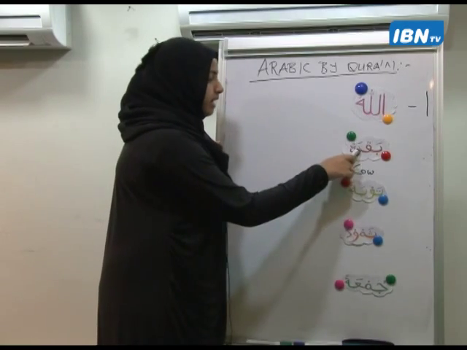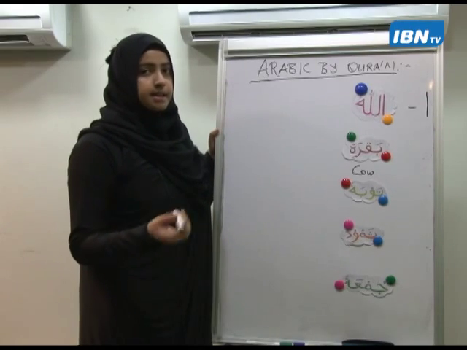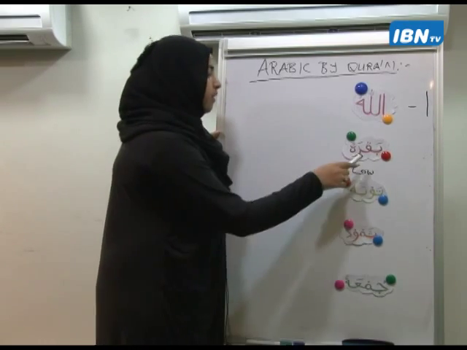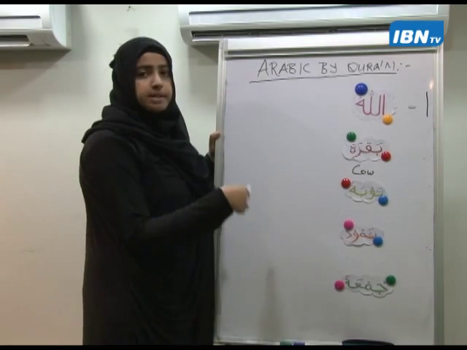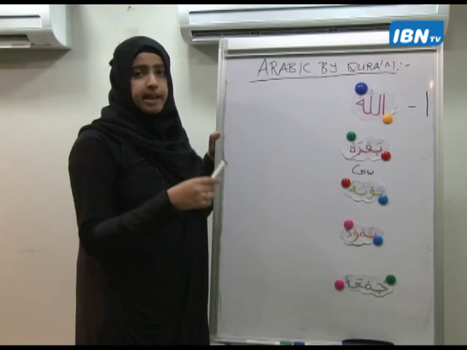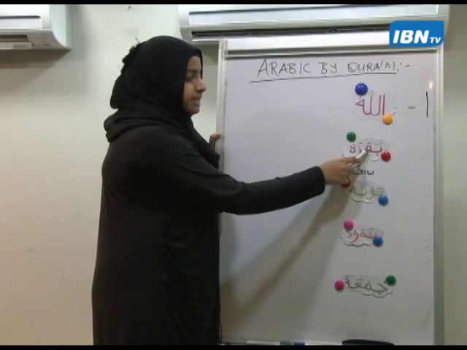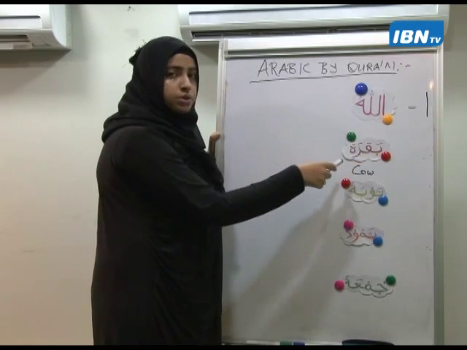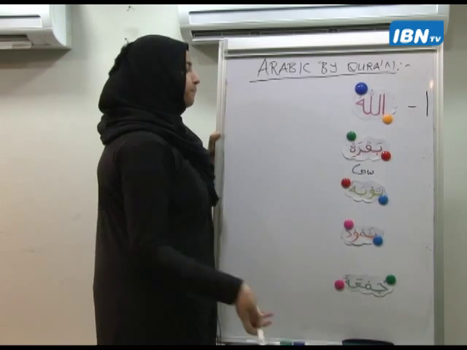And I said Ra here comes in the category of Munfasila, which is a separate letter. Therefore, Ra will not join to Ta marbuta. Why? Because the Munfasila letters do not join to the following letter because they remain separate. They only join to the letter preceding them, that is Qaf. They will not join to the following letter, that is here Ta marbuta.